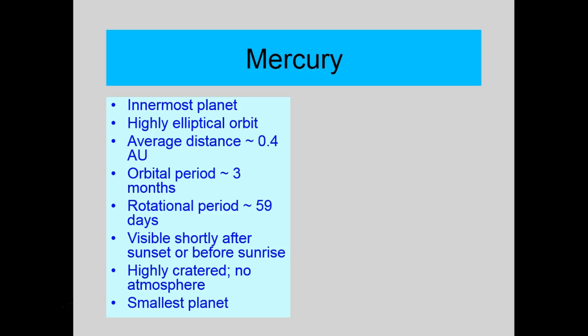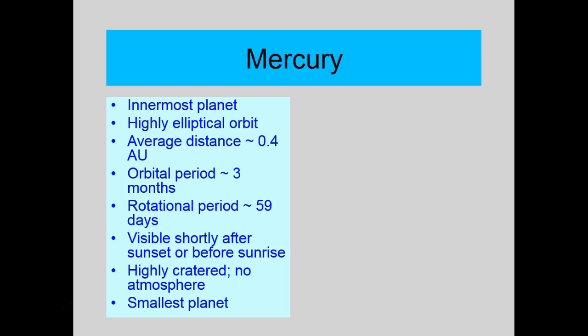Now, this was one thing a little weird here. The orbital period, it takes about 3 months for Mercury to go around the sun. It's really close, so it doesn't take long to go around the sun. But it's a really slow spinner. Whereas we spin once a day, they spin once every 59 days. So about 2 months it takes them to turn once.